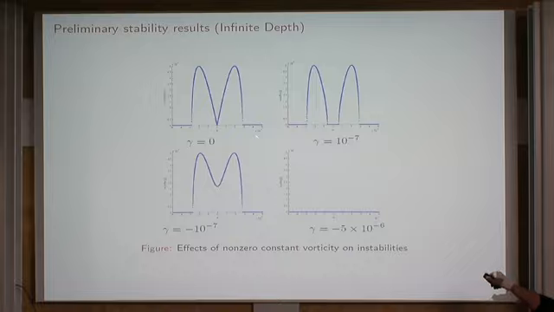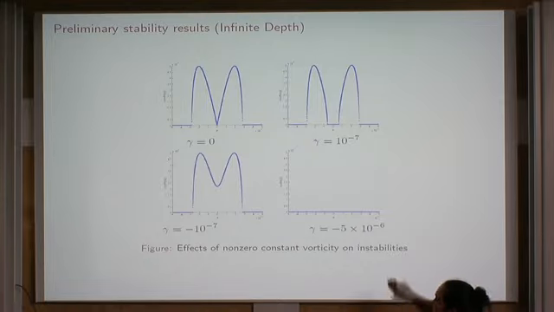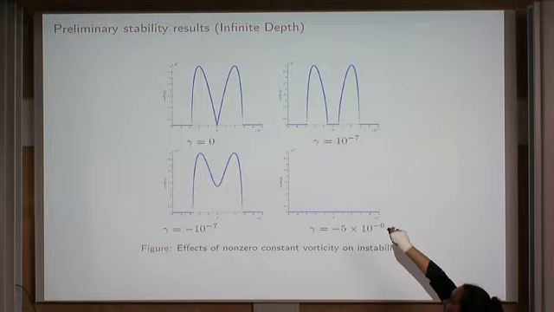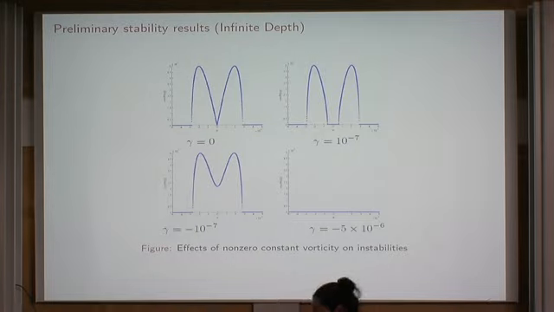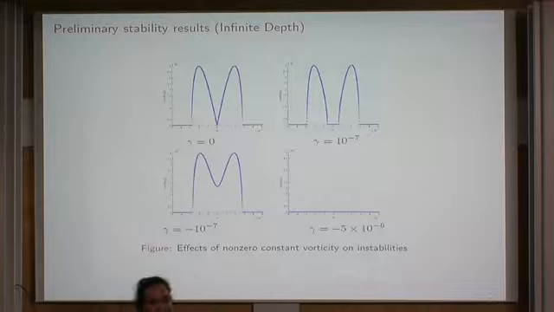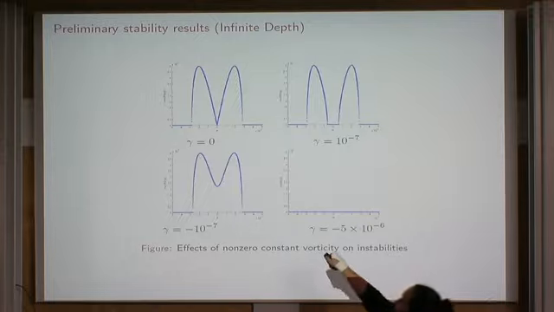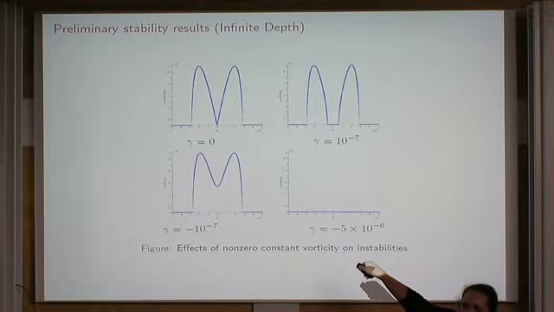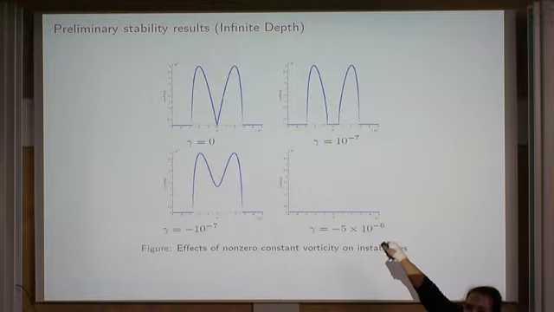Unfortunately, you can't see the scale, but that is 10 to the minus third. On the vertical axis, you're looking at the maximum of the real part corresponding to those long wave perturbations. Whenever you see a curve, that's an instability. For no vorticity, omega over gamma equals 0, you see your classical Benjamin-Feir instability here.